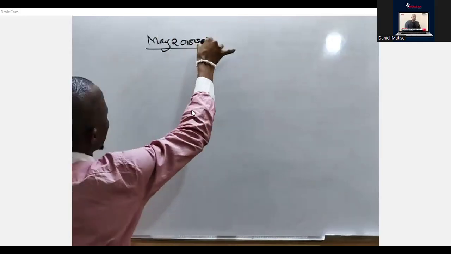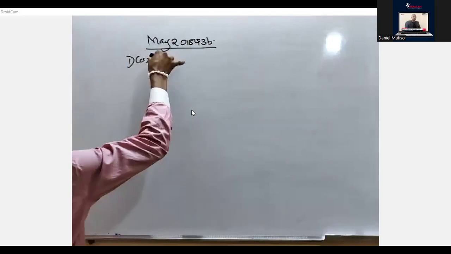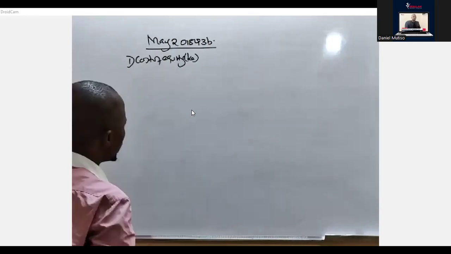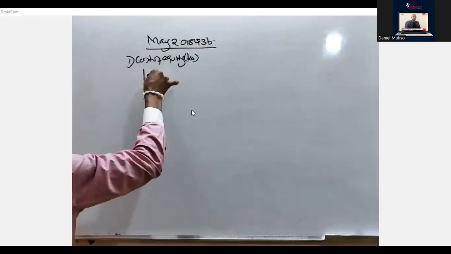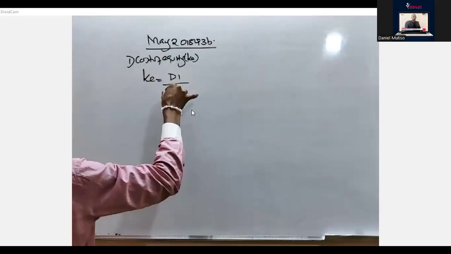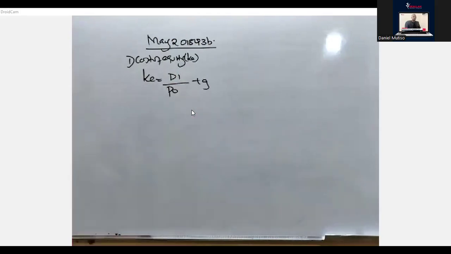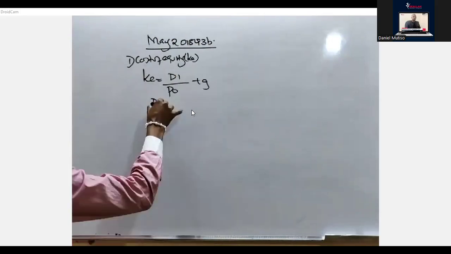And then you want to analyze the cost of equity, Ke. Don't forget the formula. To get the cost of equity, I normally take D1 over P0 plus g. And we have to be looking at, are we provided with the requirements to calculate the cost of equity? Say, our D1, right?